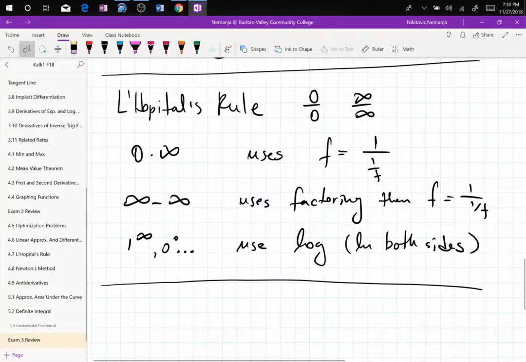Example of a log. Which one? Yeah, but which one? You asked for it. x to the h, semicolon, e to the 0.04.